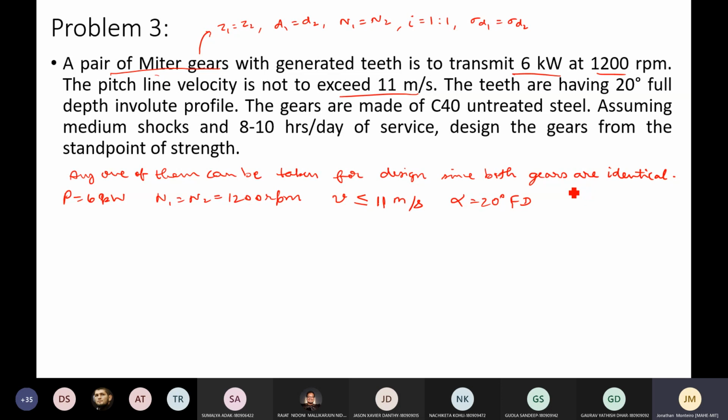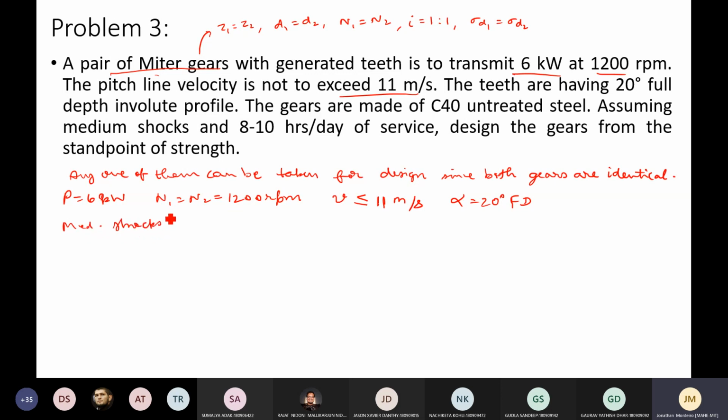So here do we require that property? Only if required then we will use it. Assuming medium shocks and 8 to 10 hours per day of service, design the gears from the standpoint of strength. Okay, so service factor will come into picture here.